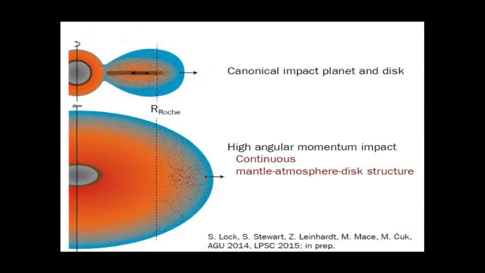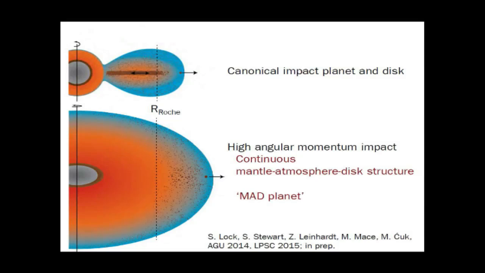And so the particles in the SPH code that comprise the disk are a set of particles in the outer layers, but they interact with particles that we would call atmosphere. And it's a continuous material. So there's no distinction between mantle, atmosphere, and disk other than a big density gradient through it. It's such a strange structure, we have a nickname for it. We call it the mad planet, after this continuous mantle, atmosphere, disk structure.